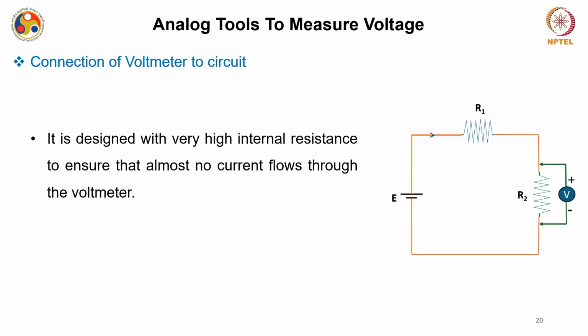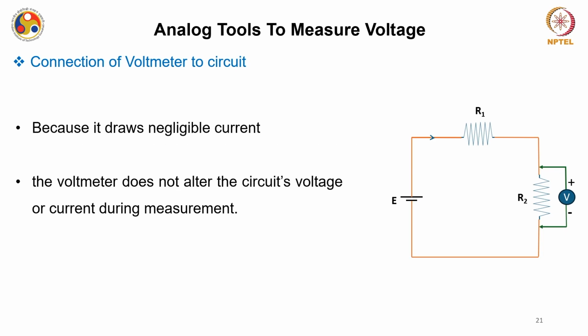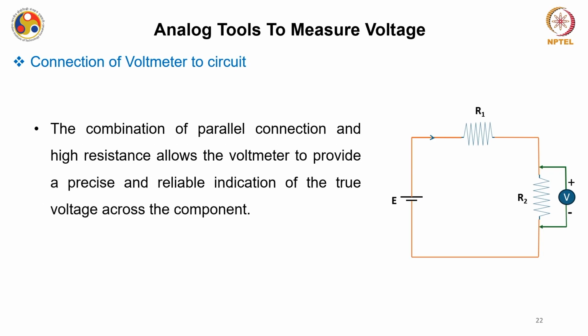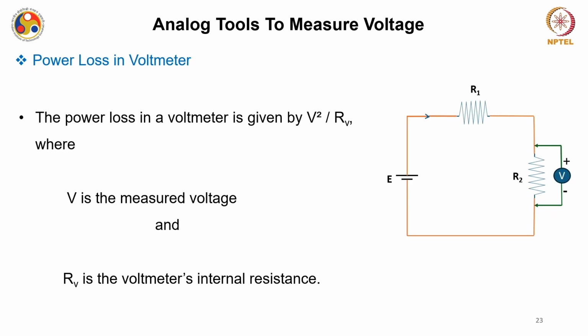It is designed with very high internal resistance to ensure that almost no current flows through the voltmeter, and the combination of parallel connection and high resistance allows the voltmeter to provide a precise and reliable indication of the true voltage across the component.